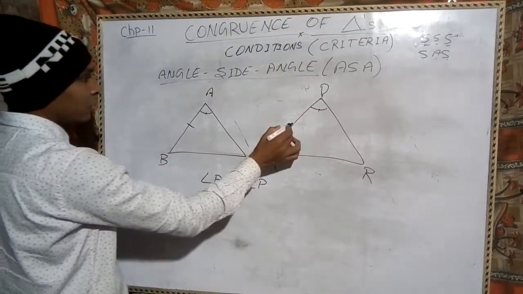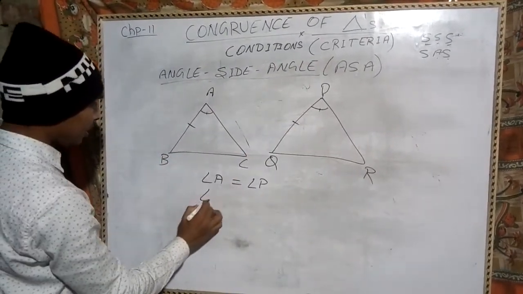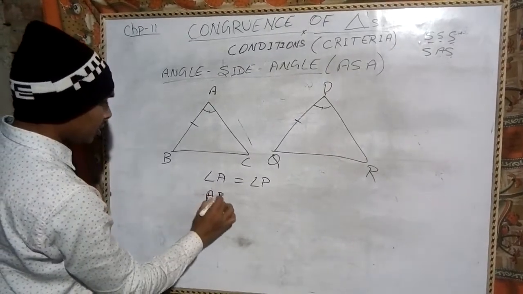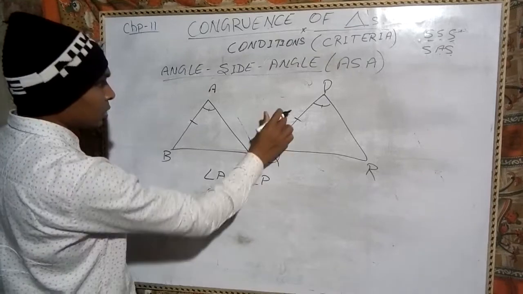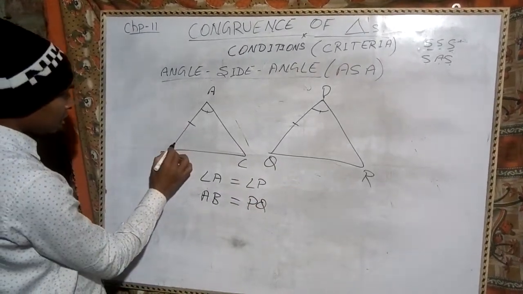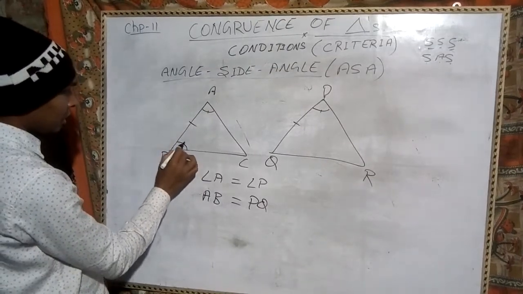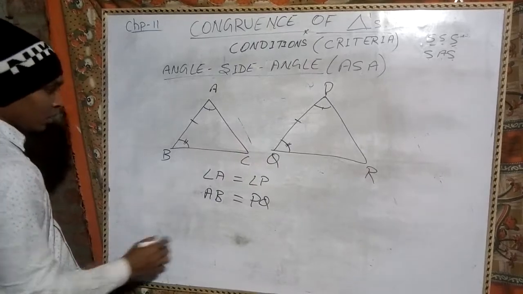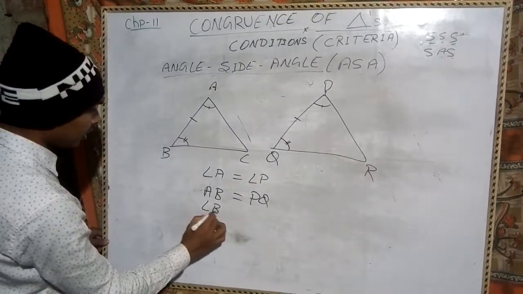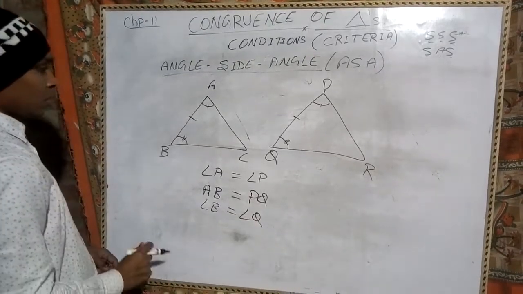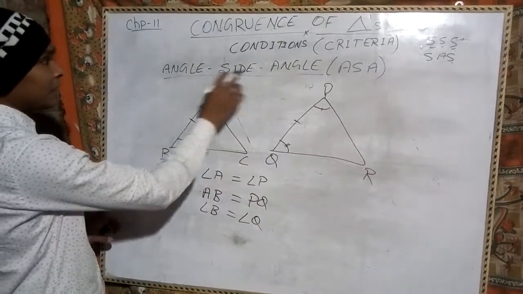If this side equal to and similar to this side, means side AB is equal to this side PQ, and this angle equal to this angle, means angle B equal to angle Q. So this is the condition for angle side angle.